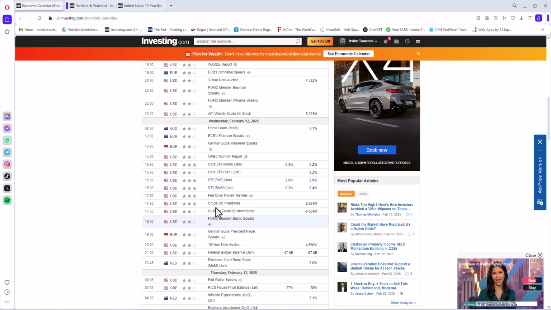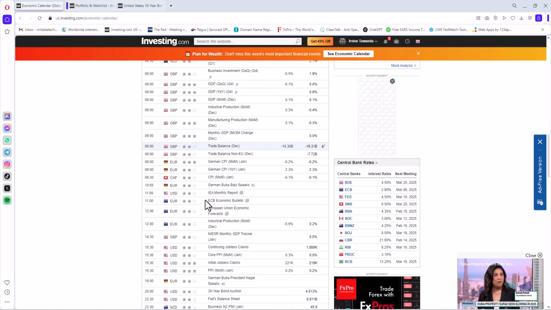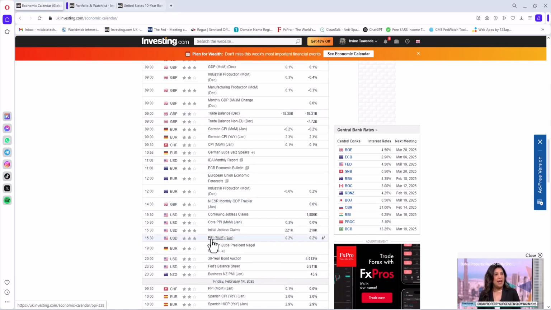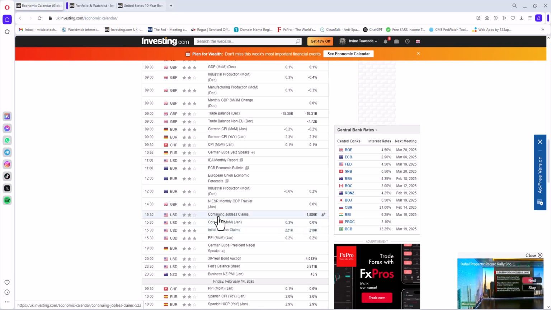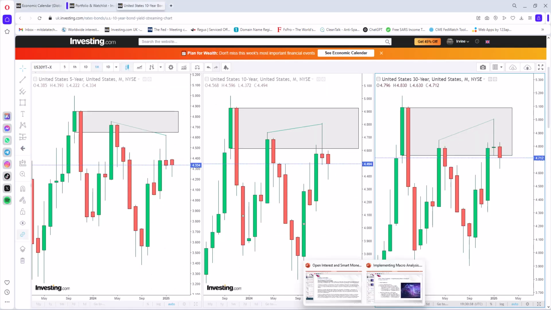And then after that, we've got Powell again at 5 p.m. And then on Thursday, we do have PPI, Producer Price Index. That's crucial in terms of inflation, that fundamental. So we have to wait and see, right?